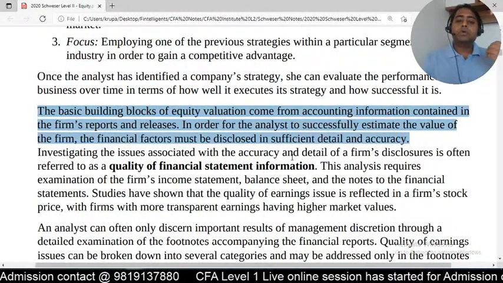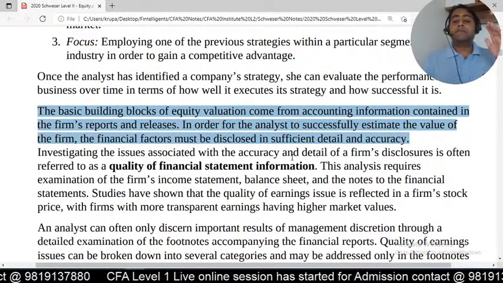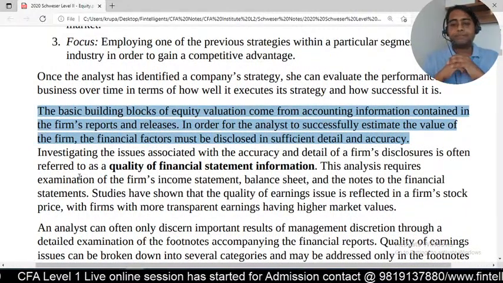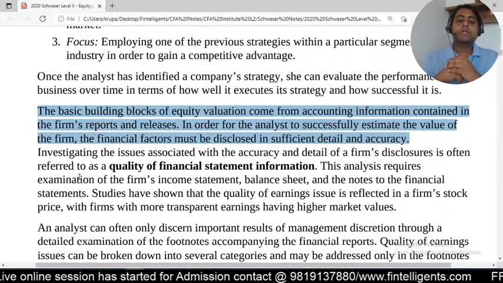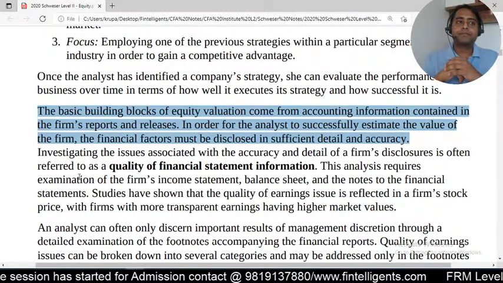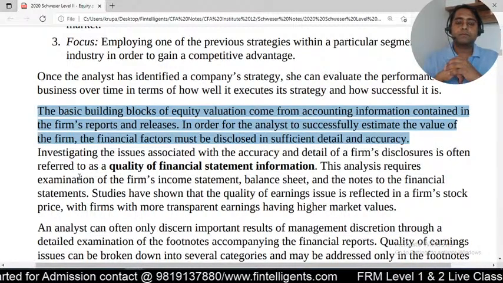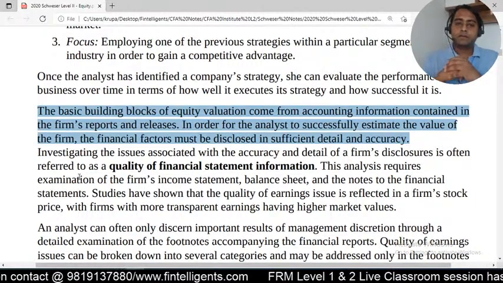It tells you that you need to have confidence in the data which you're getting from the financial reports of the company. Fairly simple. First 3 lines.